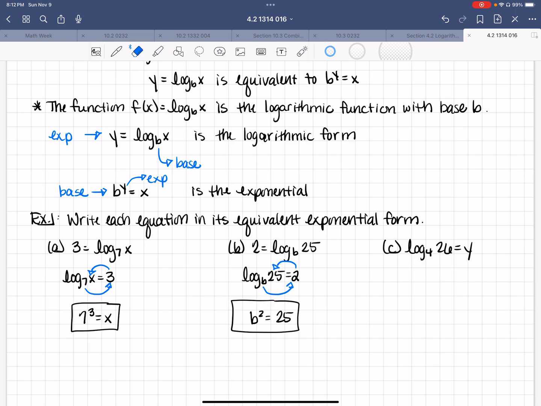I'm sorry, guys, you probably heard the little dog barking in the back. This is going to be 4 to the y equals 26. That's a strange looking 4 to the y there. 4 to the y equals 26. Okay?